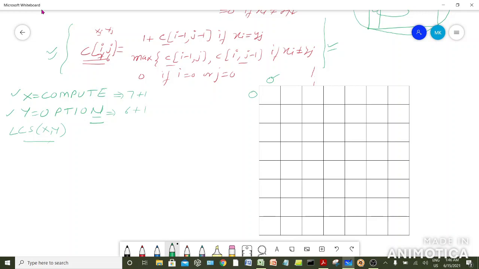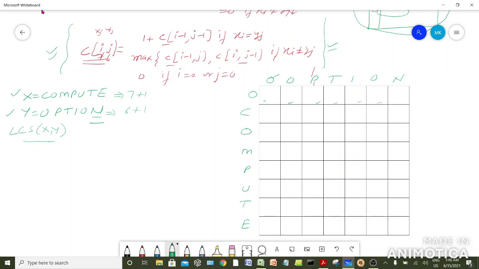Fine. So row wise we are going to represent your first string, that is compute, and column wise we are going to represent your option y. Concentrate upon this one.